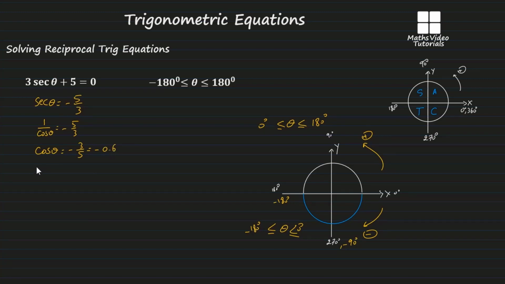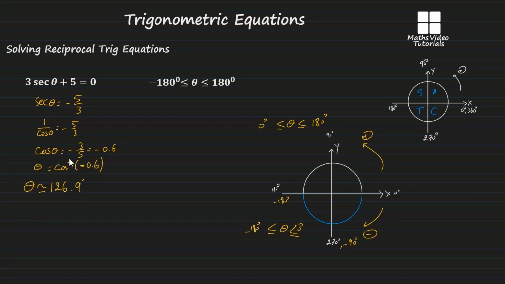Then we calculate theta by using the inverse cos of negative 0.6. And using the calculator, it will give us the principal value, or the first value, theta, and we rounded it to 126.9 degrees.